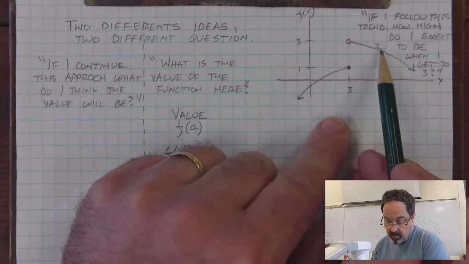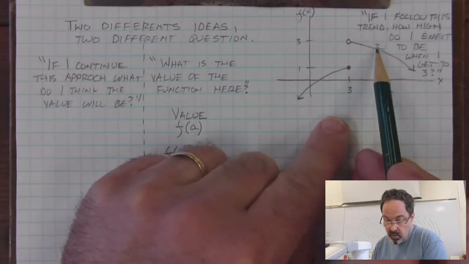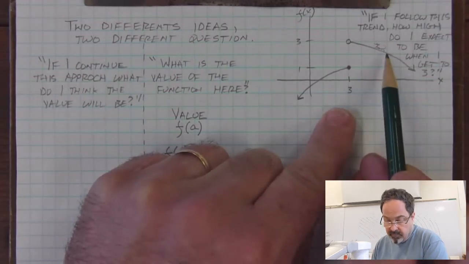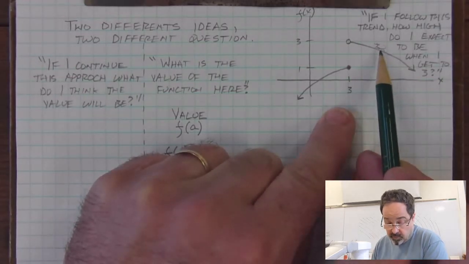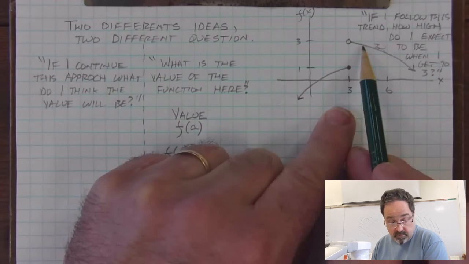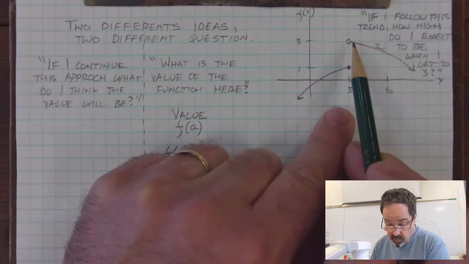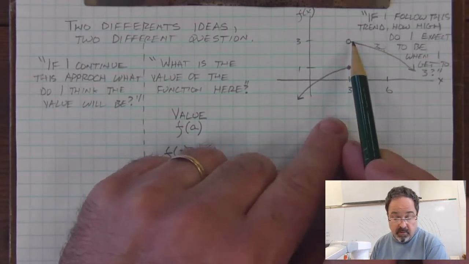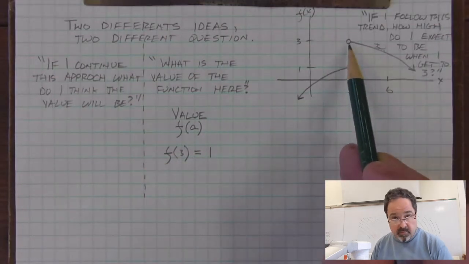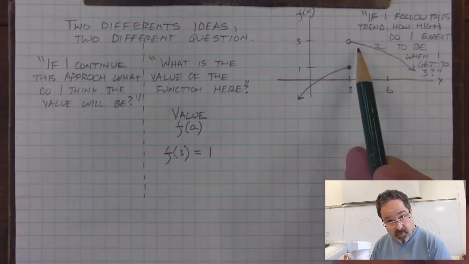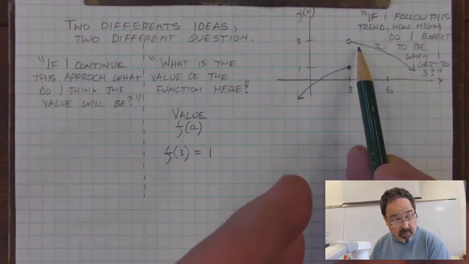So we're this bug, and we're moving along towards 3 in the domain. And if this function follows the trend that we can experience, we can see, how high do I expect to be when I get to 3 in the domain? And the answer to this question, the question is called a limit question, and its answer is different than a value question.